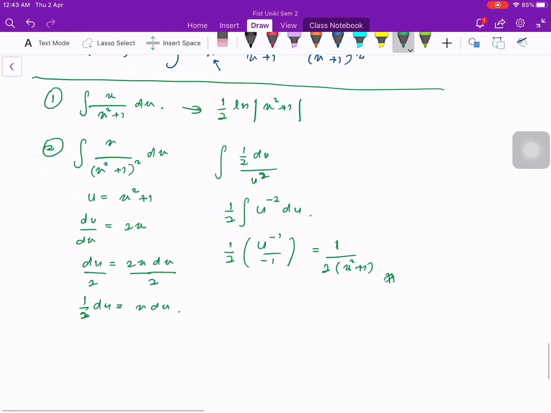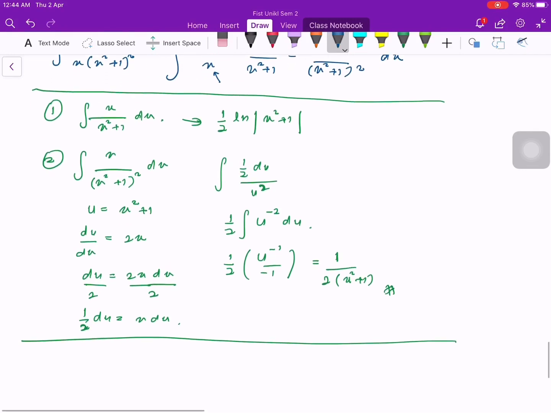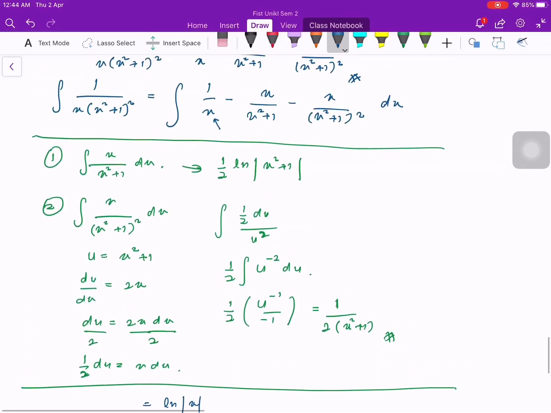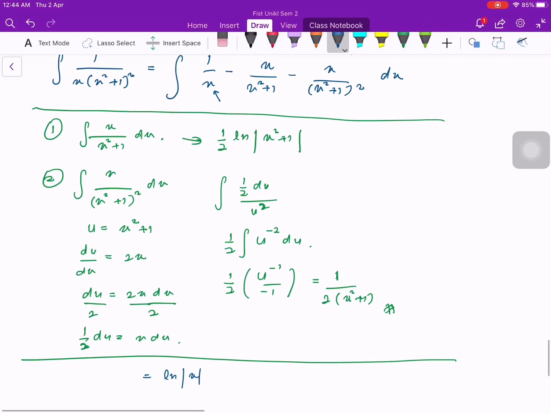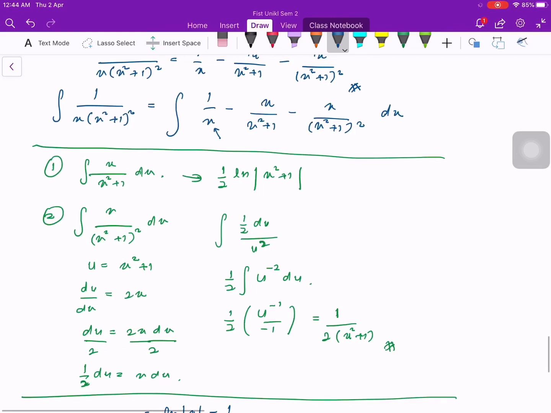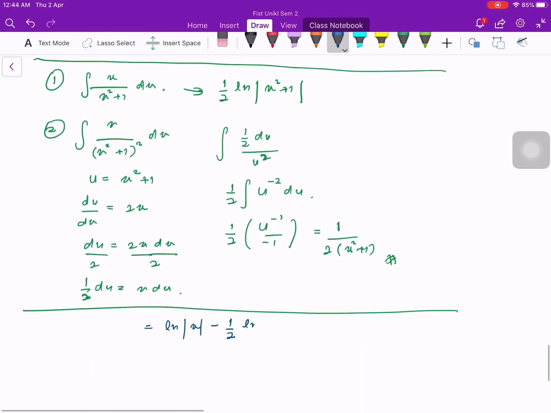Then we can proceed with our integrations above here. So 1 over x, we are going to have ln x, minus with x over x squared plus 1 integral. So we're supposed to have minus half ln absolute x squared plus 1.